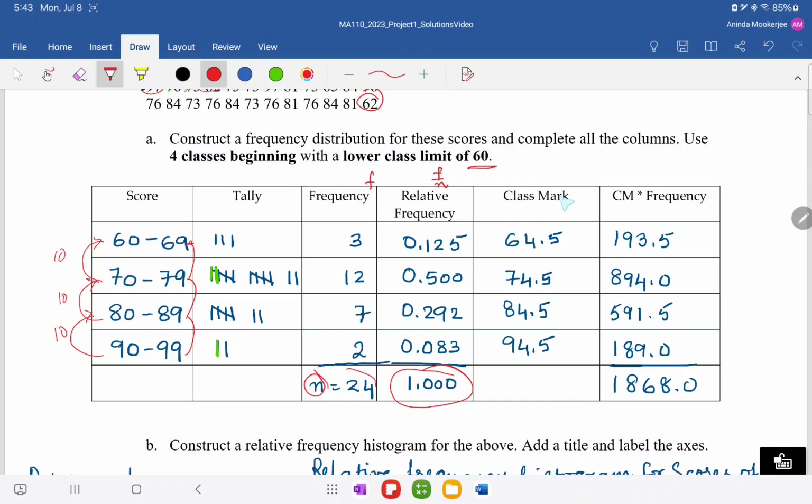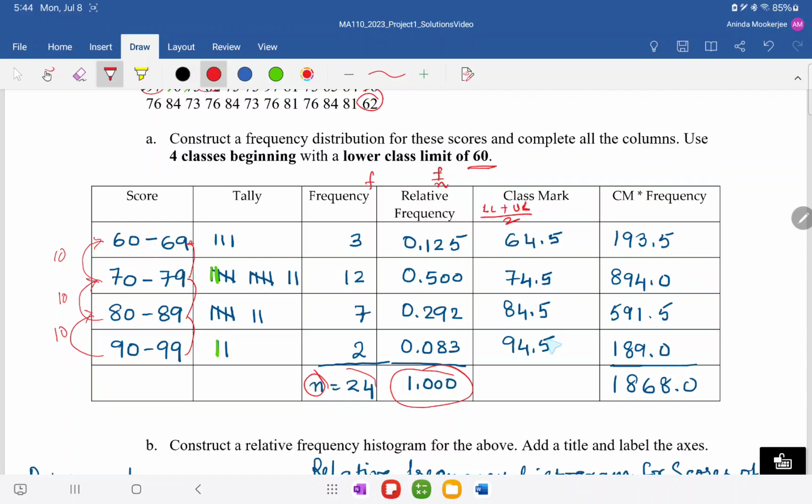Now, the next column is class mark. What is class mark? Class mark is the midpoint of each interval. So the way you find your class mark is the lower limit plus the upper limit, UL, divided by 2. So 60 plus 69, 129 divided by 2 is 64.5. 70 plus 79 divided by 2 is 74.5.